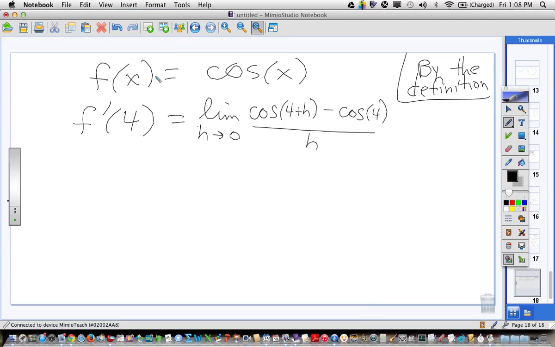Today's worksheet, we had a limit like this, but there was no algebra we could do, so what did you do on today's worksheet? What did you plug into your calculator? Tell me on this limit right here, what you would plug into your calculator.